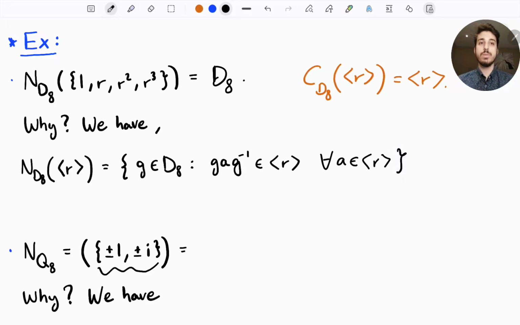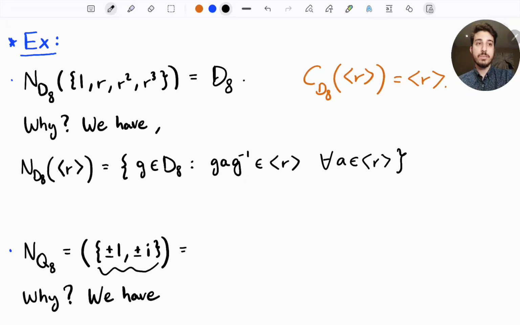Okay, that's the formal definition of the normalizer. It's when you take the conjugate and you're still inside the subgroup generated by R, no matter what generator a in R that you use.